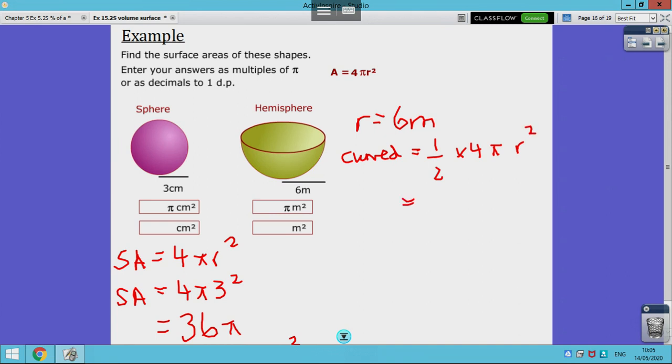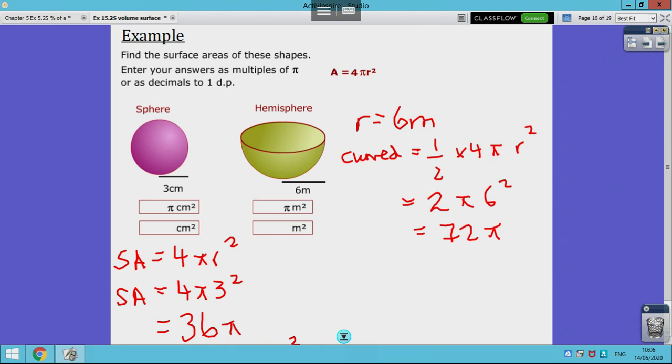So I'm going to do 1/2 times 4, 2 pi 6 squared. Okay, 1/2 times 4 is 2, so that's where that 2 comes from. So 2 times pi times by 6 squared gives me 72 pi. I'm going to leave it like that. I'm not going to change it yet because I haven't finished.